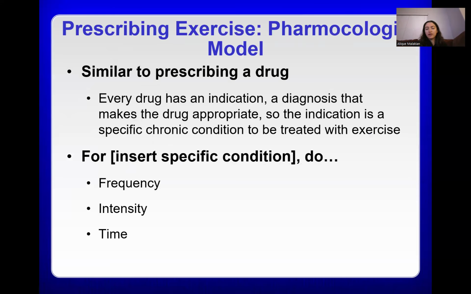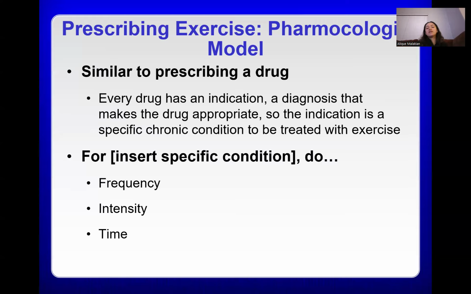Now, the other method, which is really interesting, and maybe some of you more on that med school track would be more interested in this one, is basically prescribing exercise the same way that you would prescribe a drug. So every drug has an indication or a diagnosis that makes the drug appropriate. So the indication is a specific chronic condition to be treated with exercise.